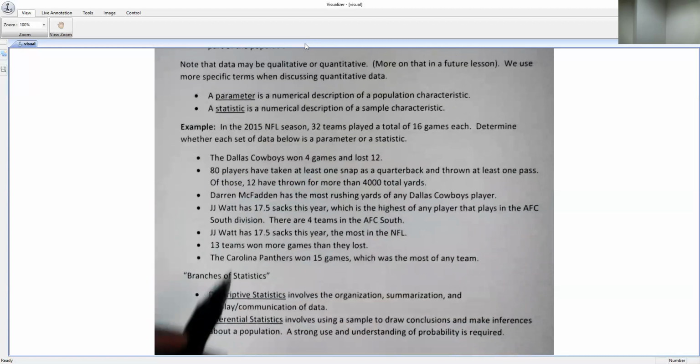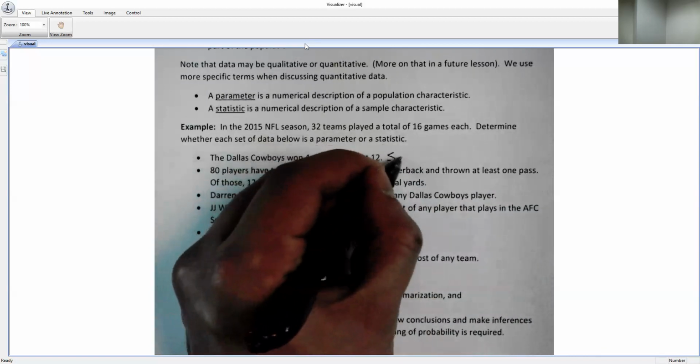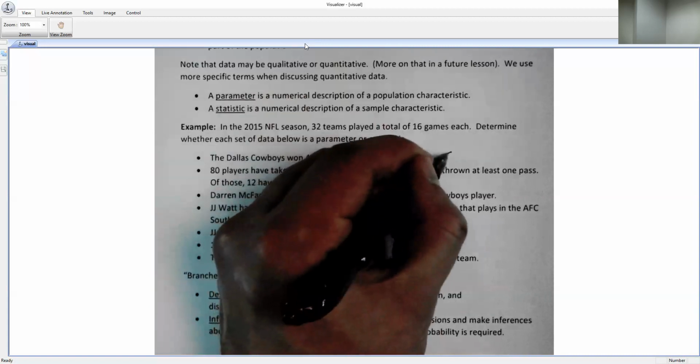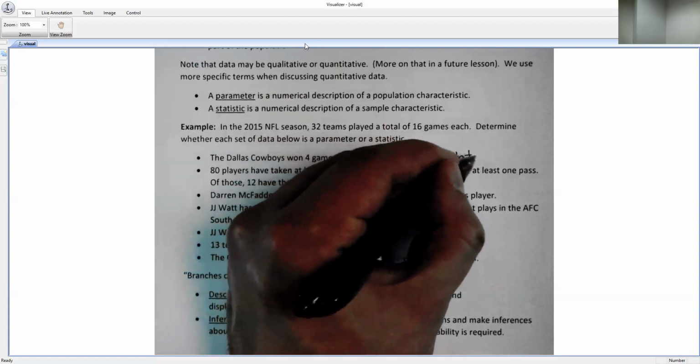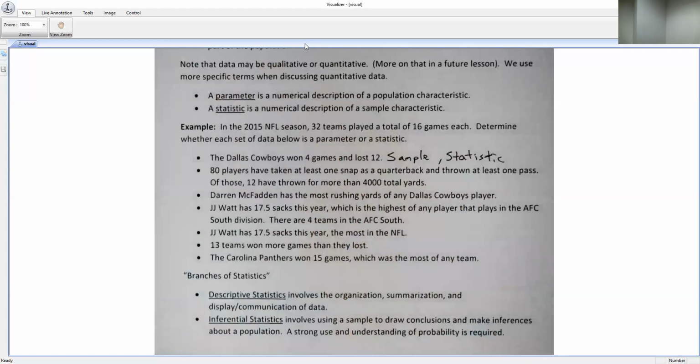So therefore, this set is a sample, and anytime we measure something about a sample, we have a statistic. Okay, so the Dallas Cowboys won 4 games and lost 12 would be a statistic.